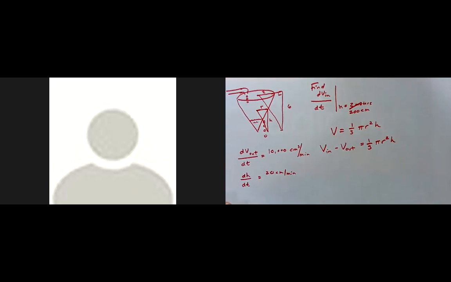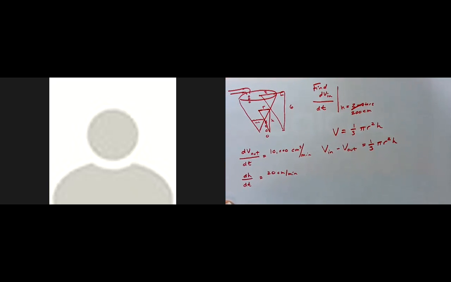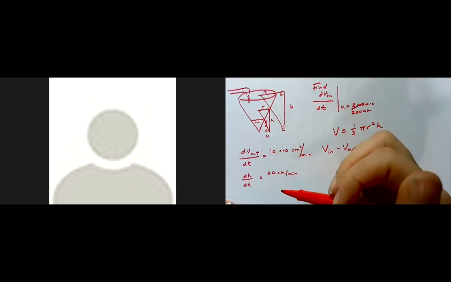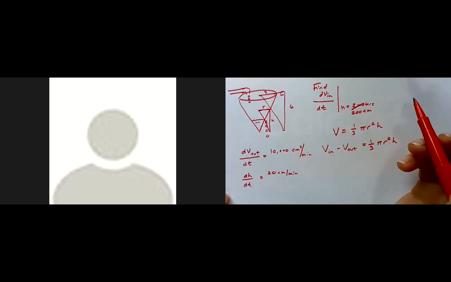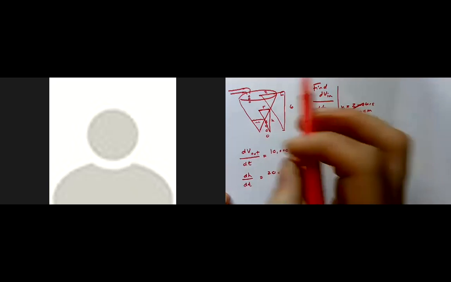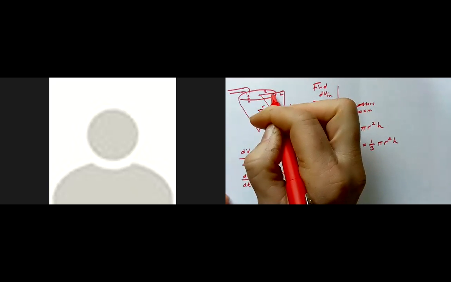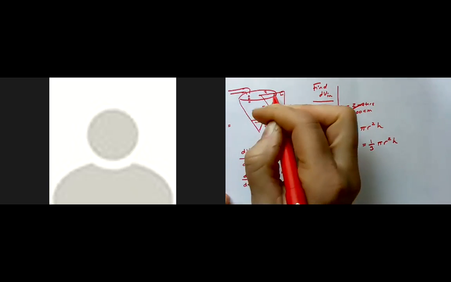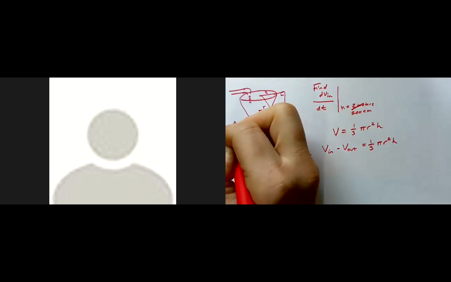Remember how we did similar triangles in CPM, with enlarged things? As long as these are parallel, they're going to be similar triangles, which means I can set up corresponding sides. So R over 2 is going to be equal to H over 6.